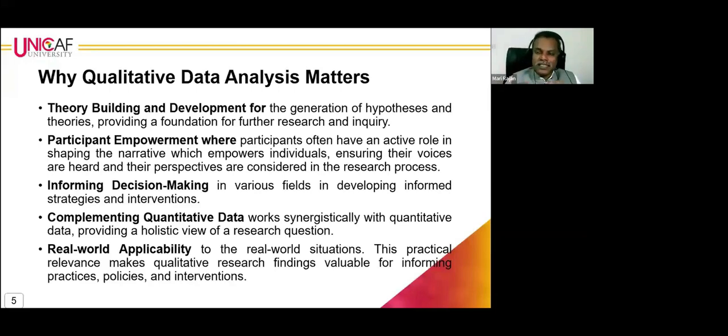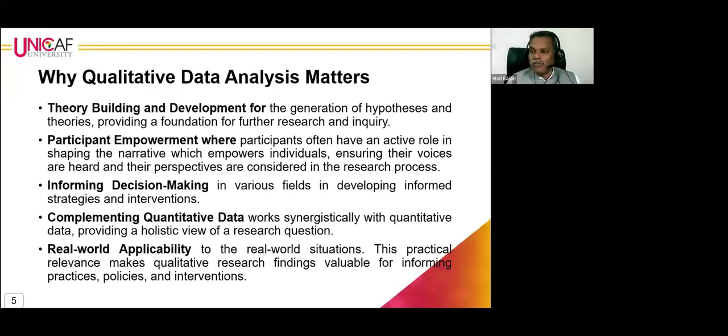Then it also makes the respondents become informed decision makers. Even when you are arriving at certain findings, these findings are again cross-checked with your respondent, because they are the primary audience to triangulate the analysis. Then, it's not working standalone.